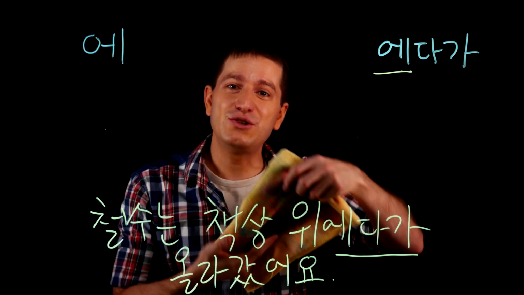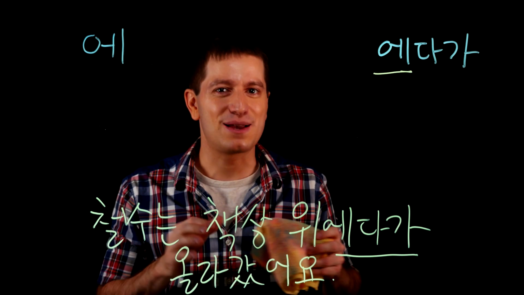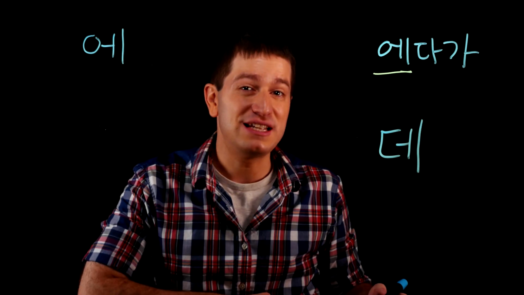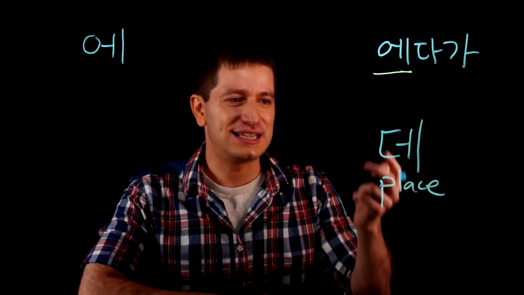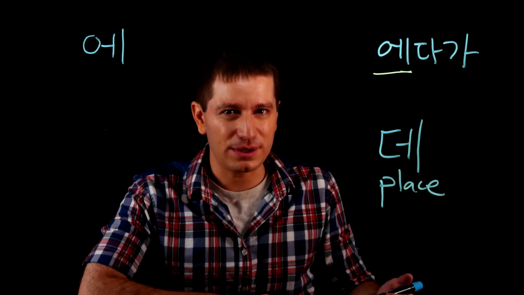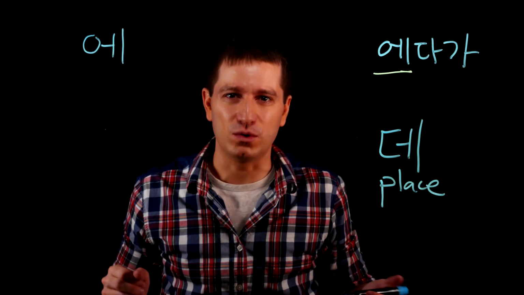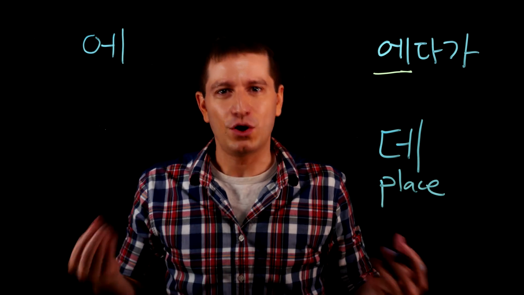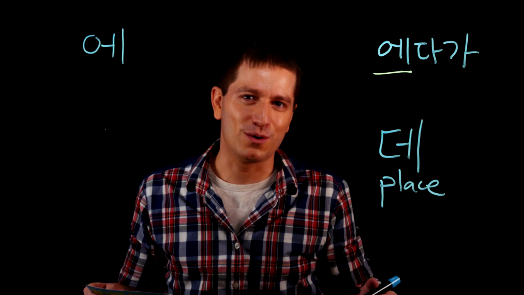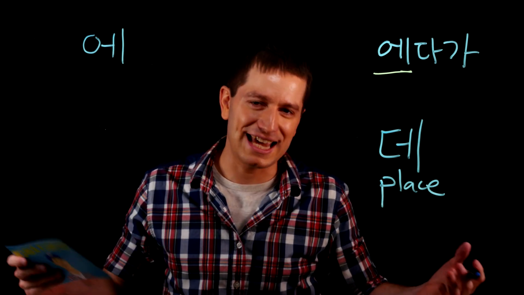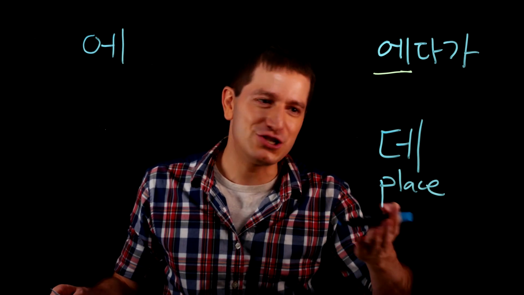데다가 does have one usage that 에 does not have, which can mean "and" in some situations. Let me show you that. 데 means place or a location. And you can use 데 after a verb plus 다가 to mean in addition to, or on top of, or and. Now, this is not the same 데 that's used in the 데 form for saying something like 좋아하는데. No, this is its own word that means location or place.